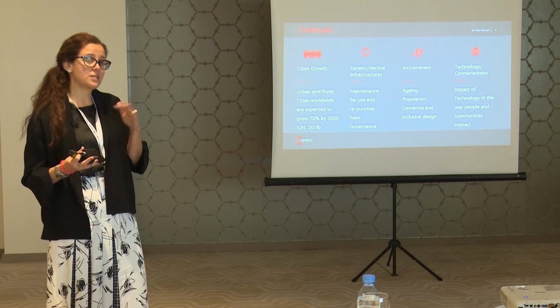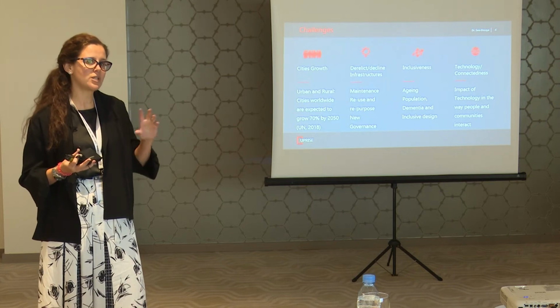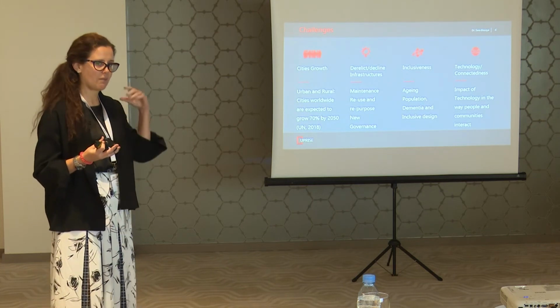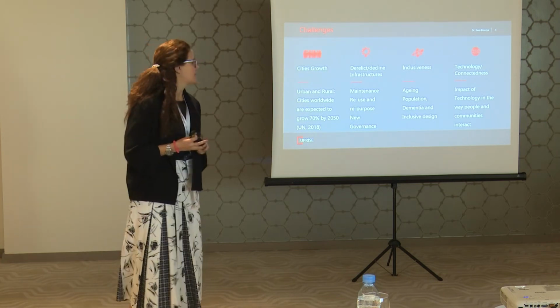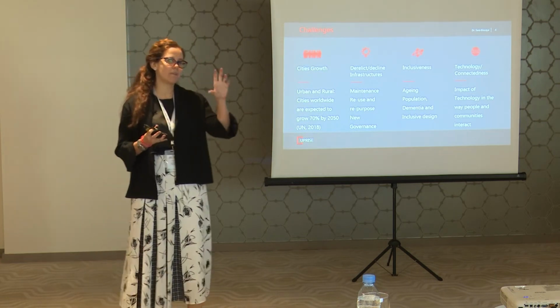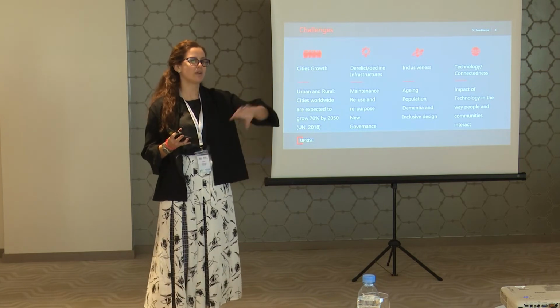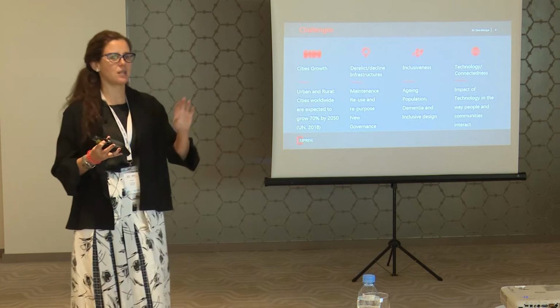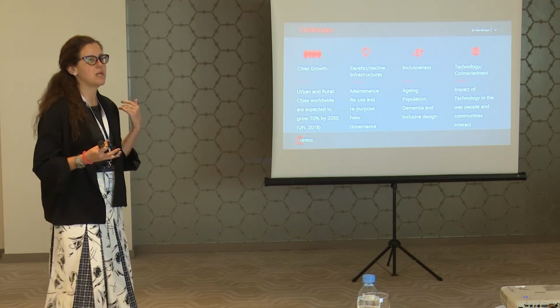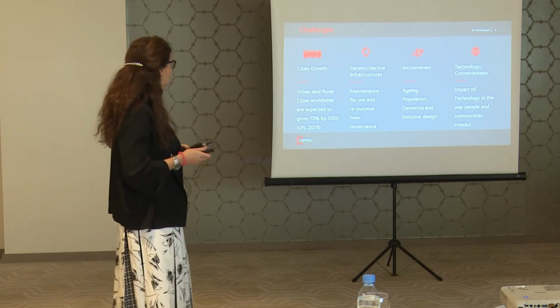And this is also at the city level. So we can't think of cities as we did before. We need to think ahead of the game. Technology and connectedness, and this for me is the key word. It's not about technology. It's there. You can evolve it. Our computer scientists are amazing. They've developed amazing products. How do we make it work best for people?